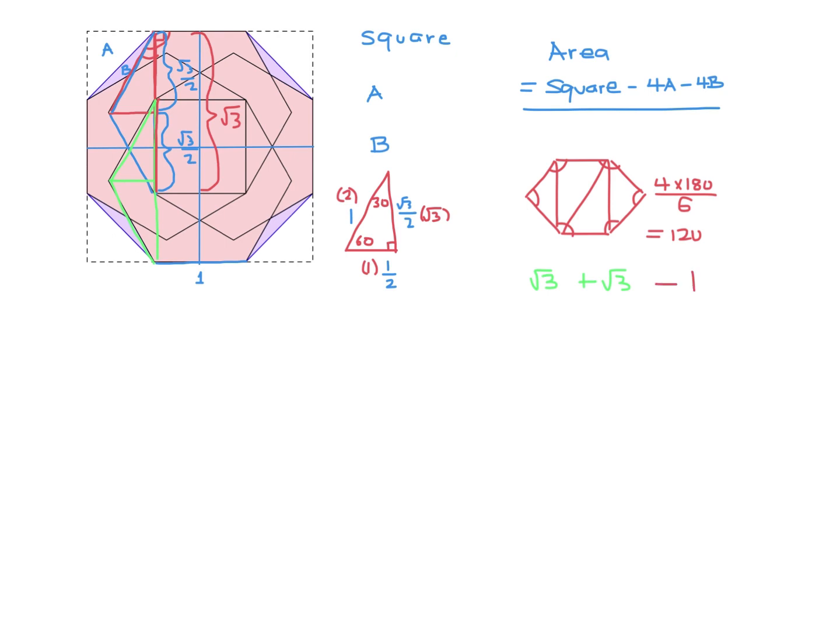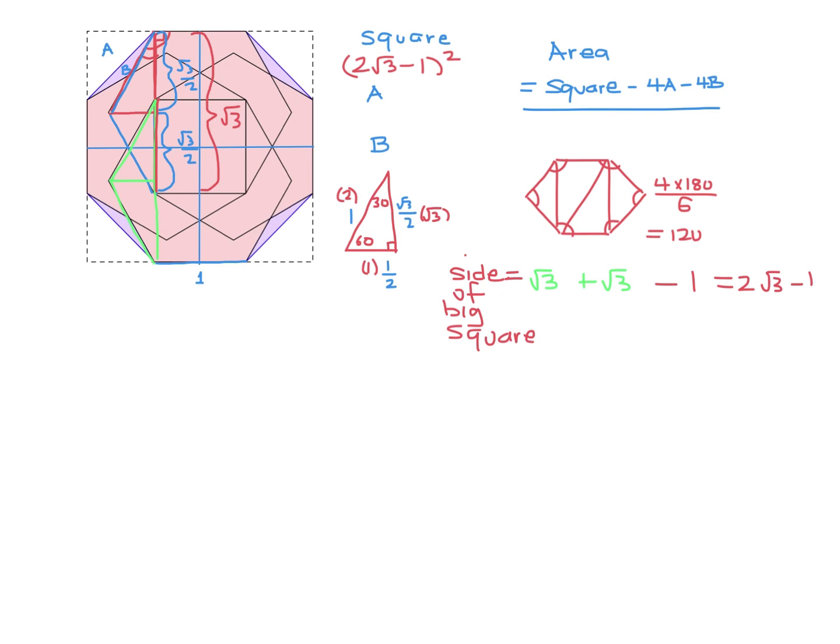So I hope that makes sense. So this represents the side of the big square. So therefore the side of the big square would just be 2 root 3 minus 1, right? So the area of the big square would be 2 root 3 minus 1 all squared. Got it? Okay, so we've done that.